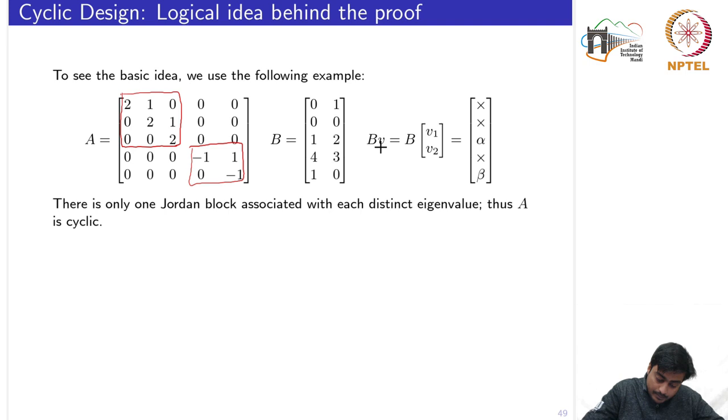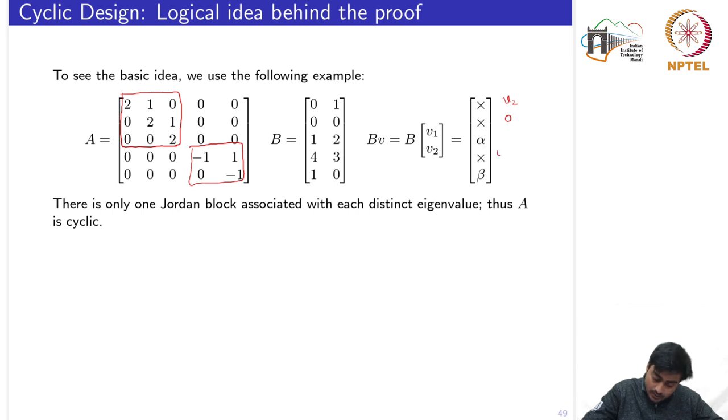Now let's select v, which is 2 cross 1, and we can write B times v as this vector. The cross elements represent elements that we are not concerned with. These elements are pretty straightforward to compute. This one would be v2, this would be 0. Let's denote the third element by alpha.